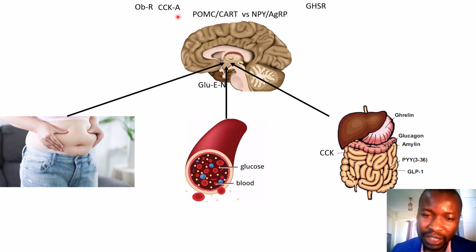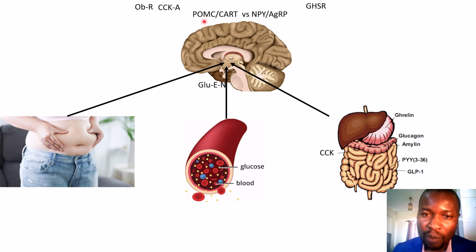It's actually a G protein coupled receptor, a Gq, and whenever you activate it, phospholipase C is produced and protein kinase C is activated. This activation leads to gene expression in the neurons of the arcuate nucleus, and this leads to the synthesis of what? POMC and CART.